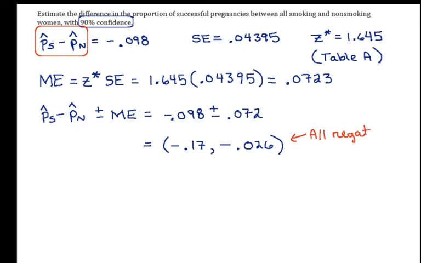The interval being all negative suggests that Pn is actually the one that is larger than Ps. So we want to say that the proportion of successful pregnancies is between 2.6% and 17% lower among smoking women than among non-smoking women, or we could say higher among non-smoking women than among smoking women.